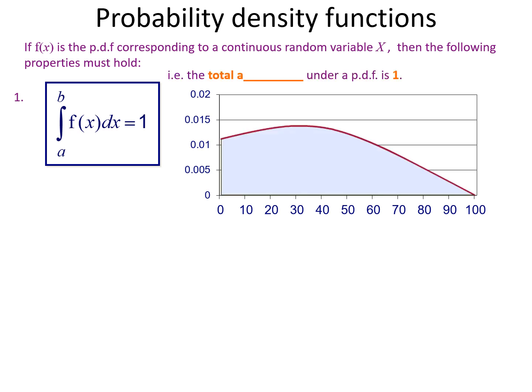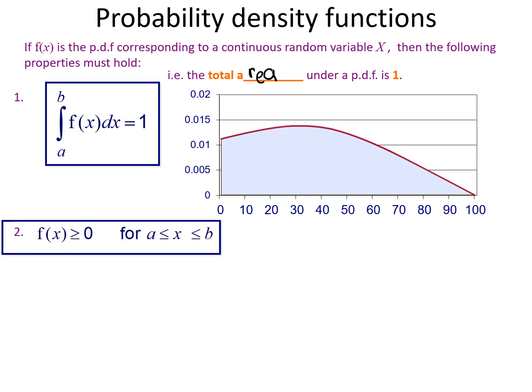So the area under that curve will add up to 1. f of x is always greater than or equal to 0. We can't have negative probabilities, so your area is always above the x-axis. The graph will never dip below.